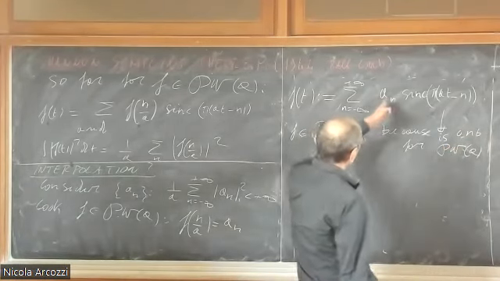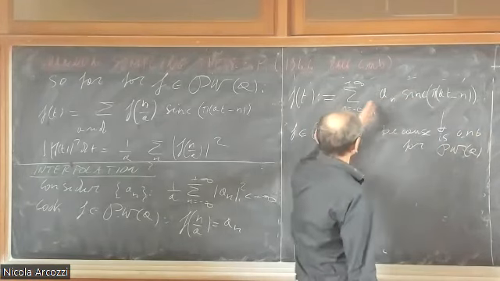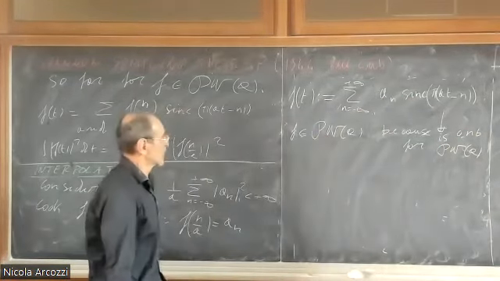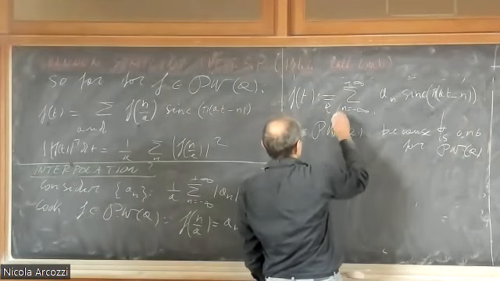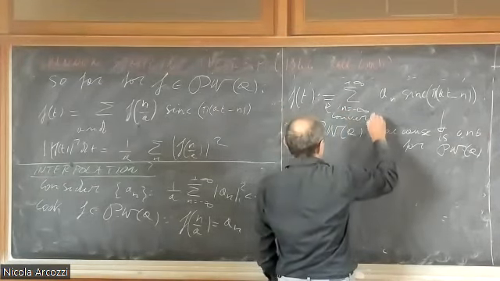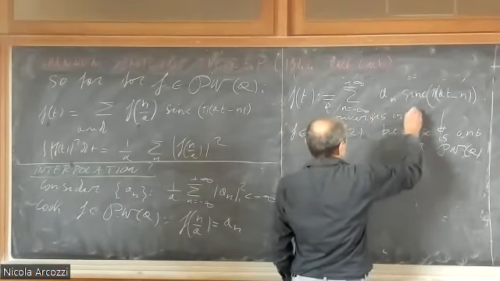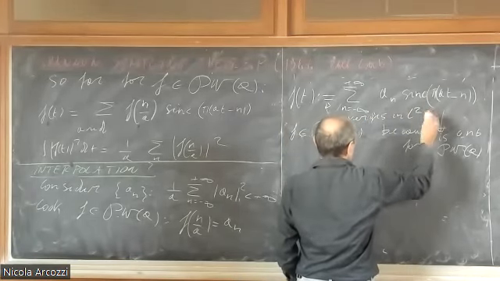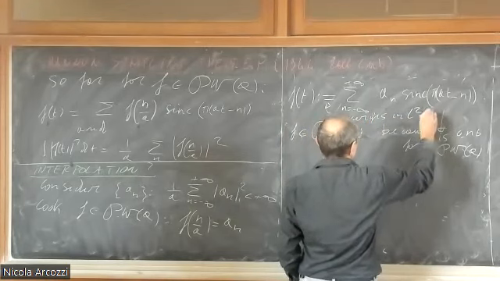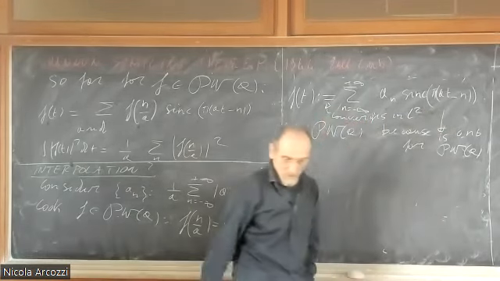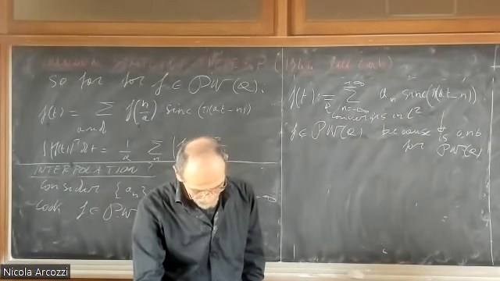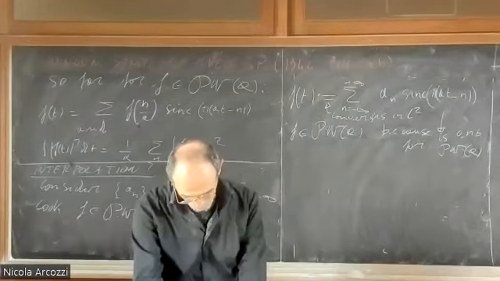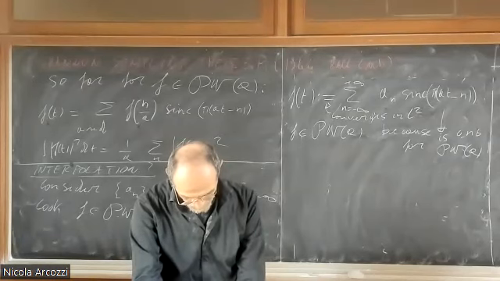And so this is a sum of an orthonormal basis converging in L2. Okay? So this is a series converging a priori in L2. So we solved our interpolation problem.